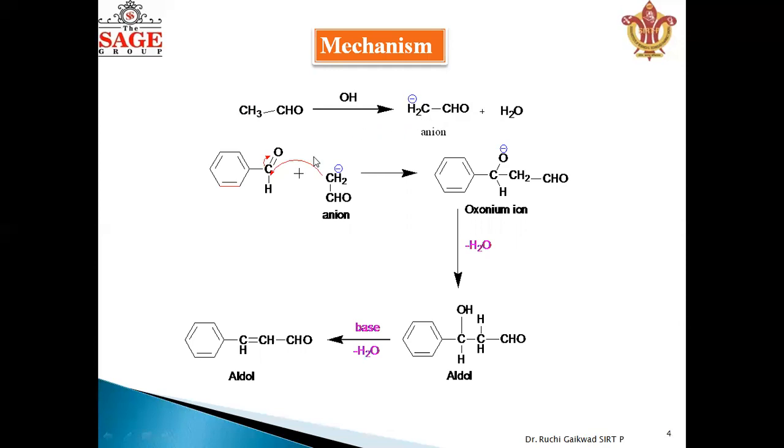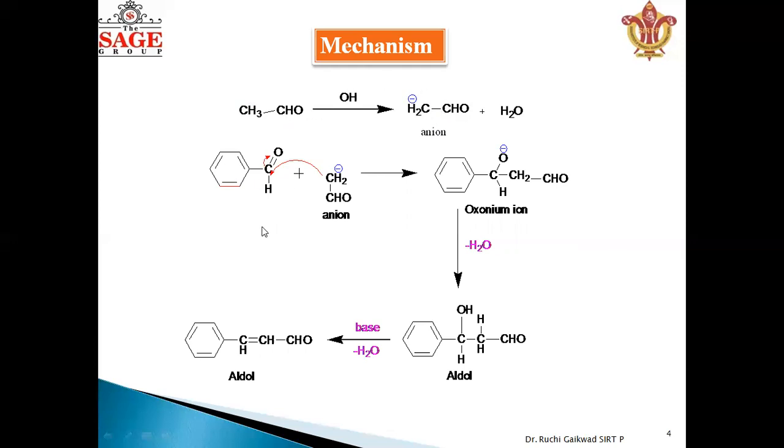Basically here the base abstracts the proton from this alpha carbon. This one is the alpha carbon and this one is the alpha hydrogen. So in the presence of base it gives this anion.